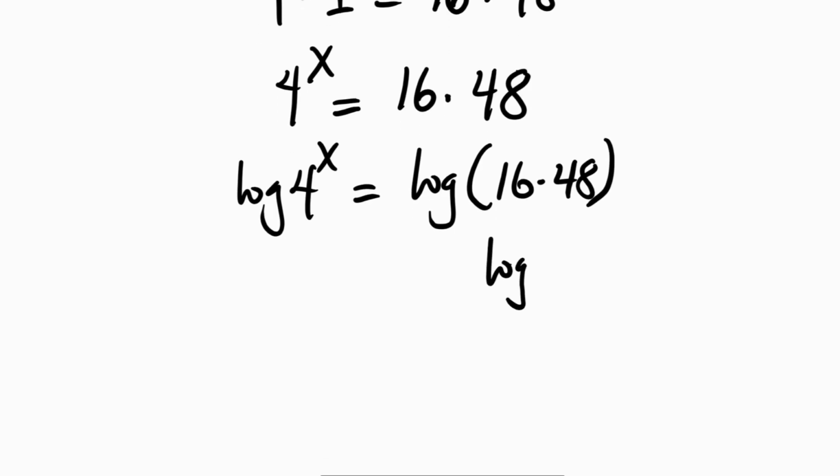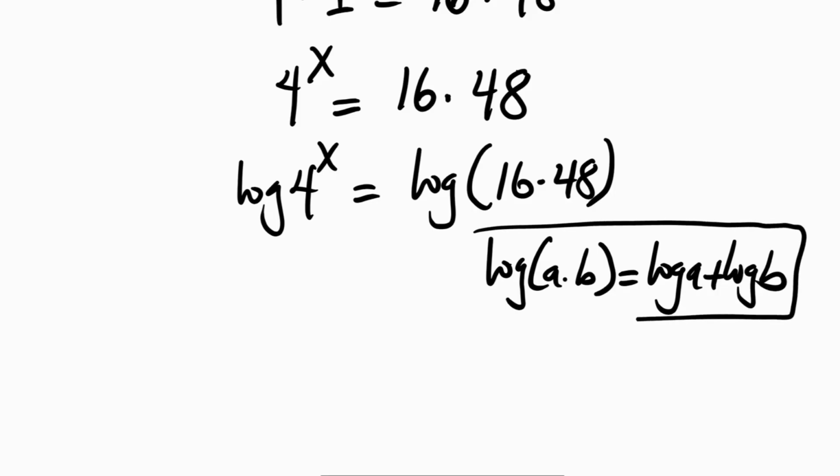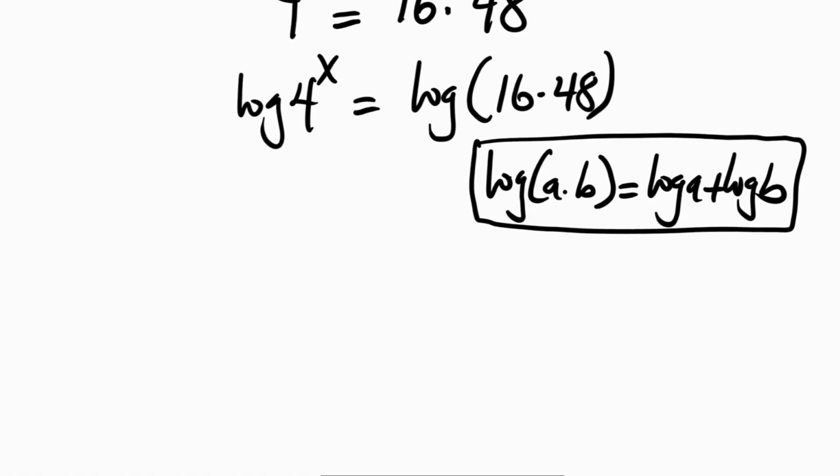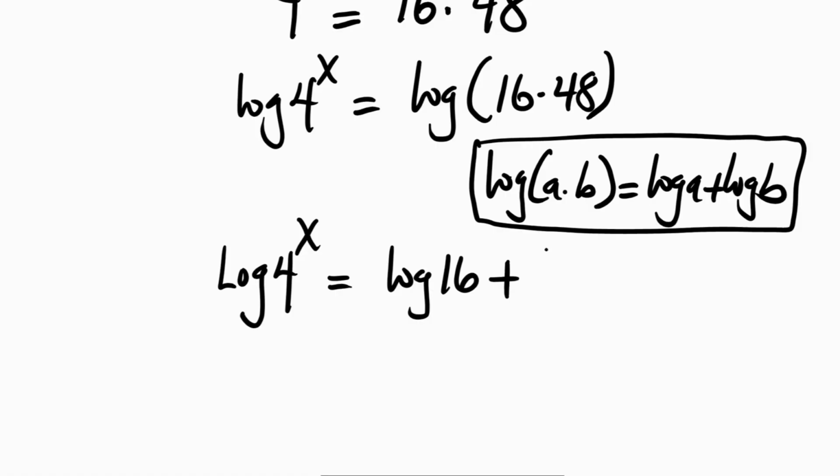From the log rule, we know that log of a dot b is equal to log of a plus log of b. We'll apply that rule to the right-hand side of our equation, and then we have log of 16 plus log of 48.